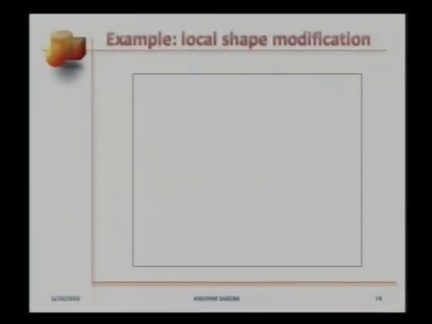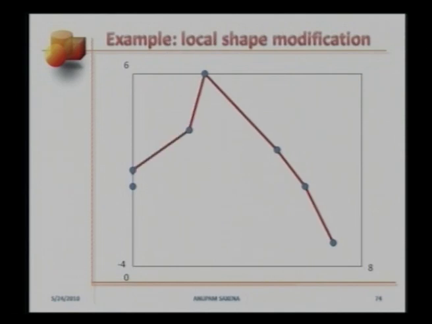Okay, so here's an example once again to show local shape control. This is our control polyline. This is our open B-spline curve, and if we move a point to a different location, only a part and not the entire B-spline curve changes in shape.